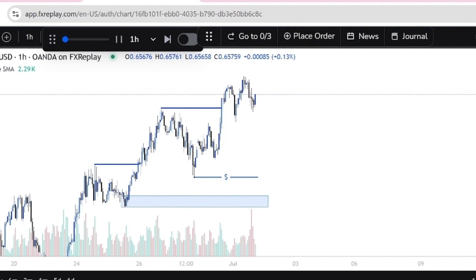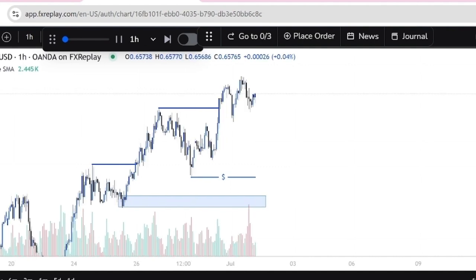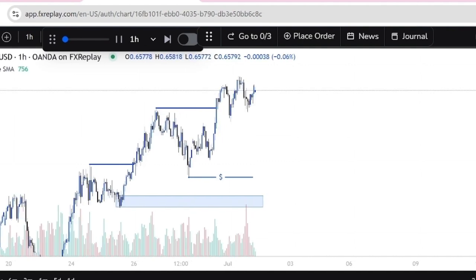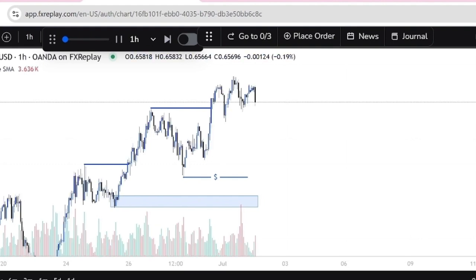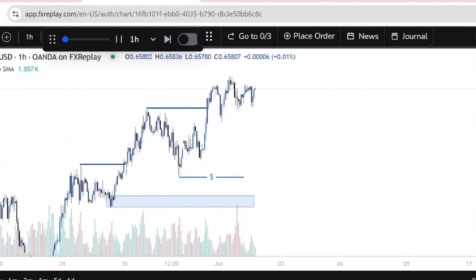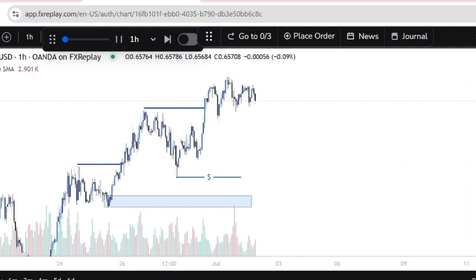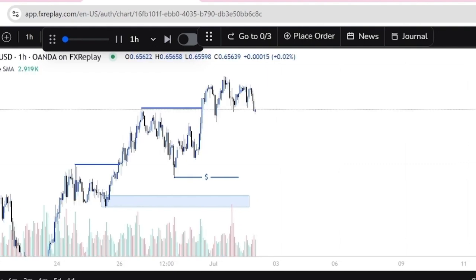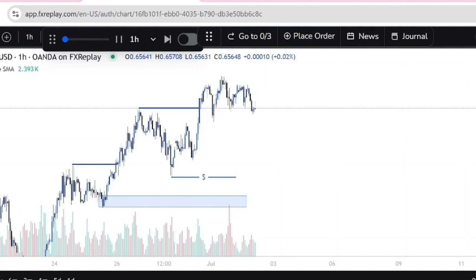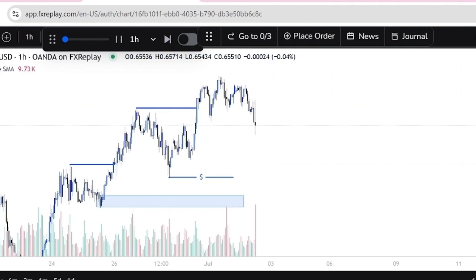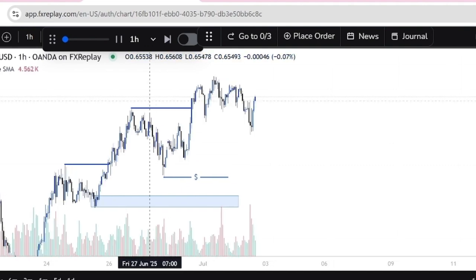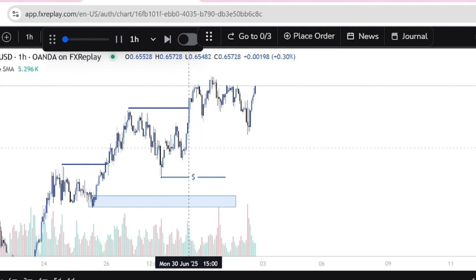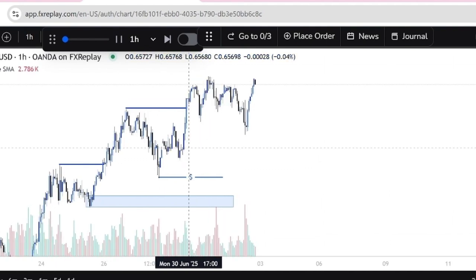See the candlestick coming down. Let's see what price does at this zone when price comes into it.